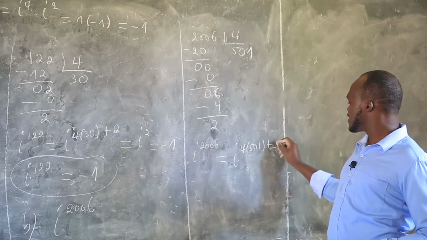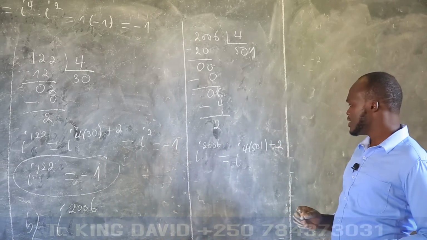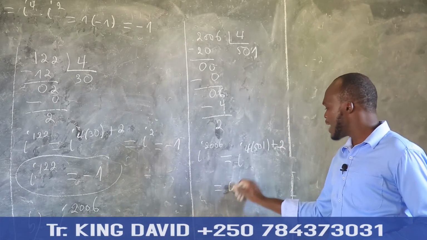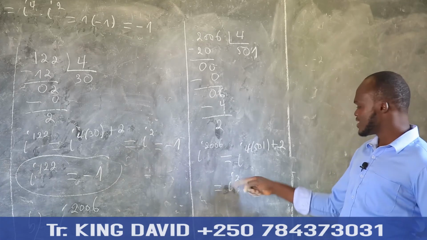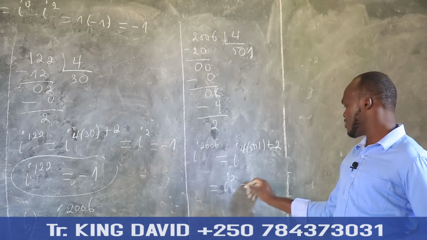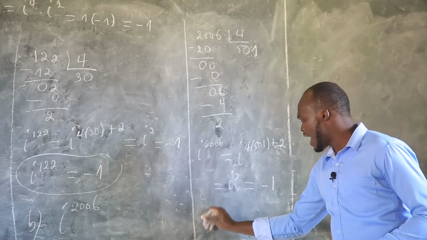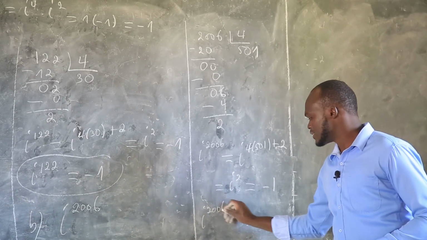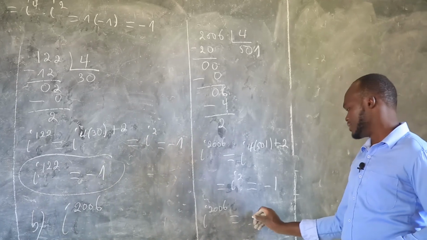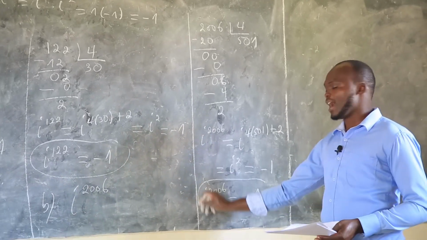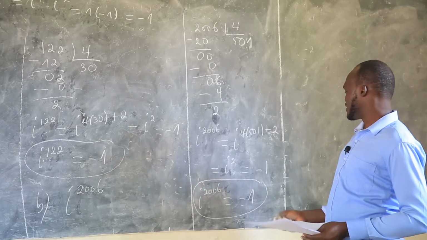Our remainder is 2. So which is the same as i power 2. So what is the value of i power 2? The value of i power 2 is negative 1. So now i power 2006 is negative 1. I hope now it is very easy to understand.